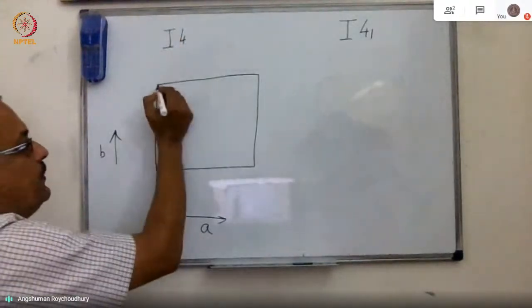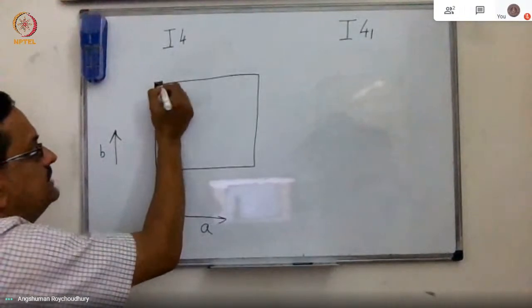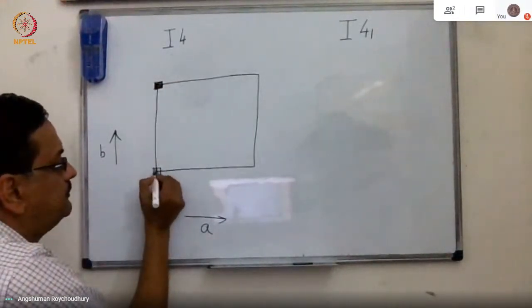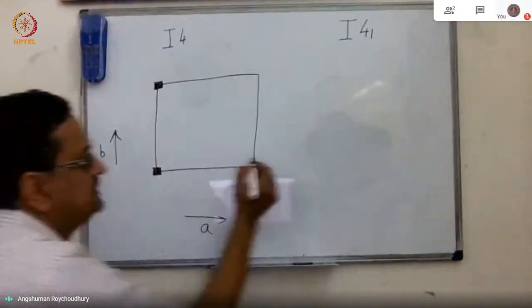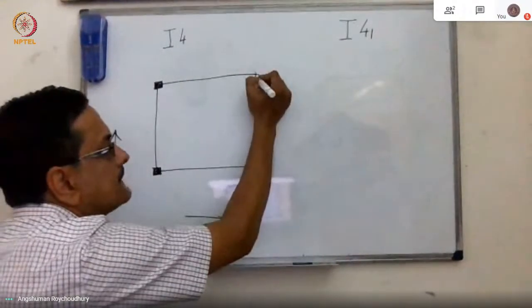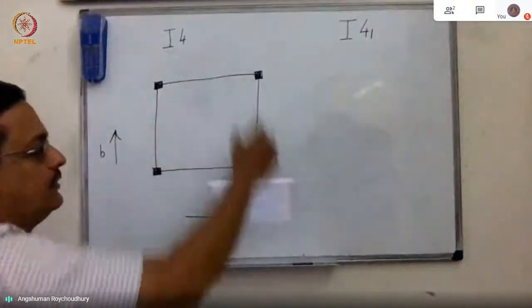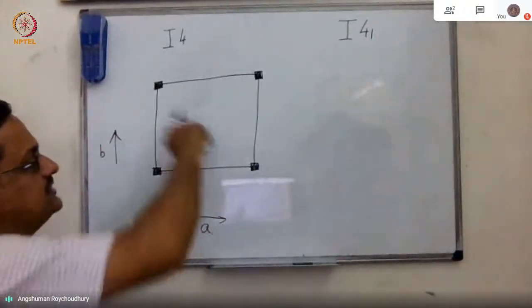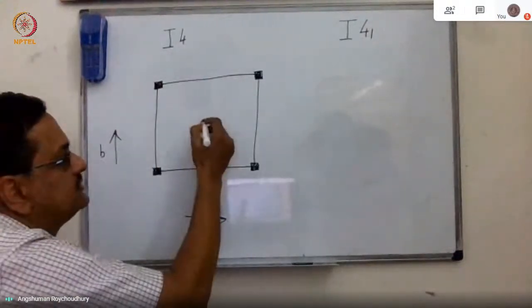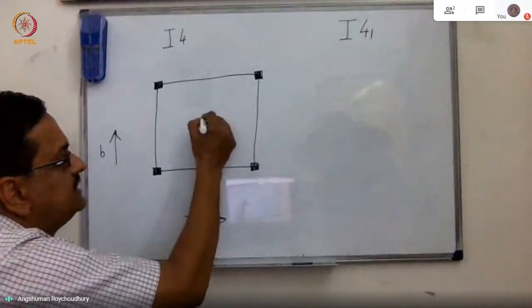When I say 4, that fourfold axis is perpendicular to the plane of the board, and the projection is drawn like this. When you draw 4 of them, there is already a fourfold symmetry, so it by default generates a fourfold symmetry in the middle.